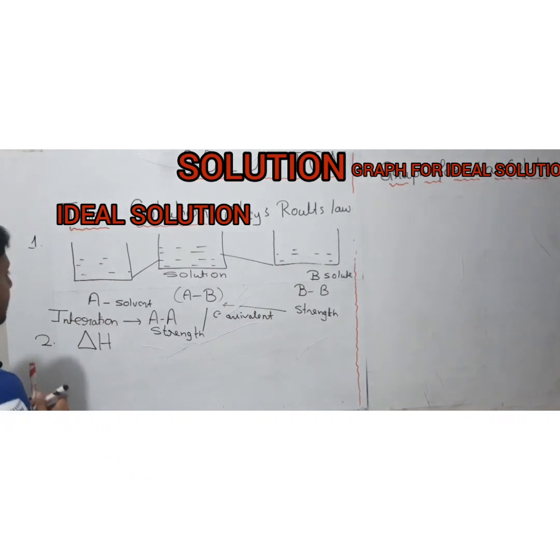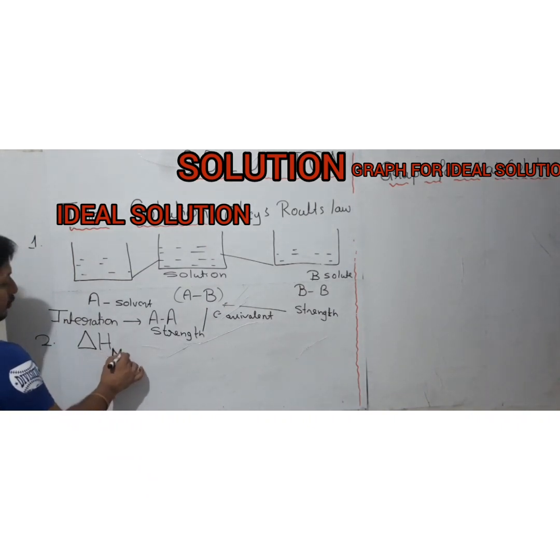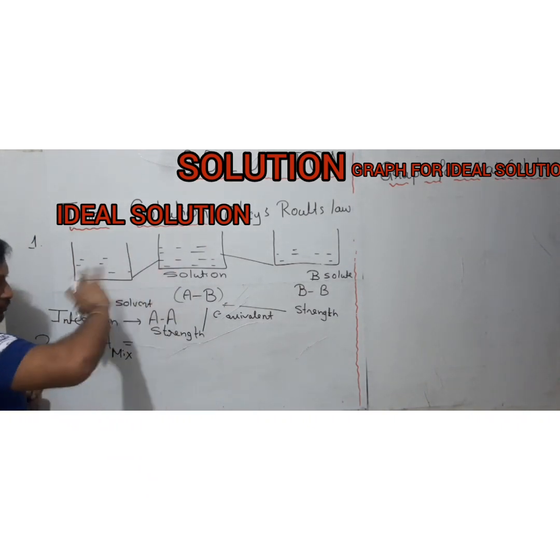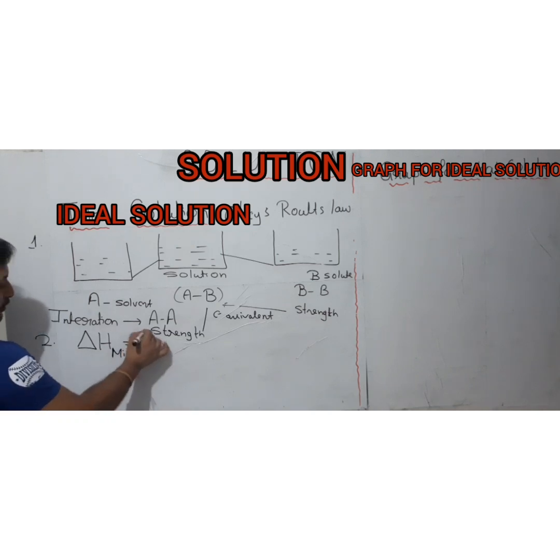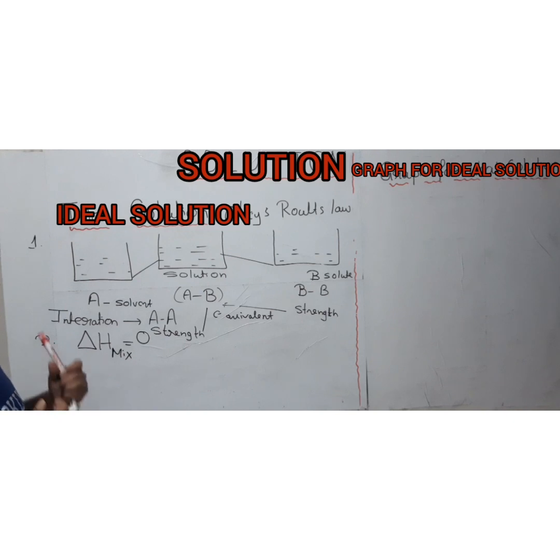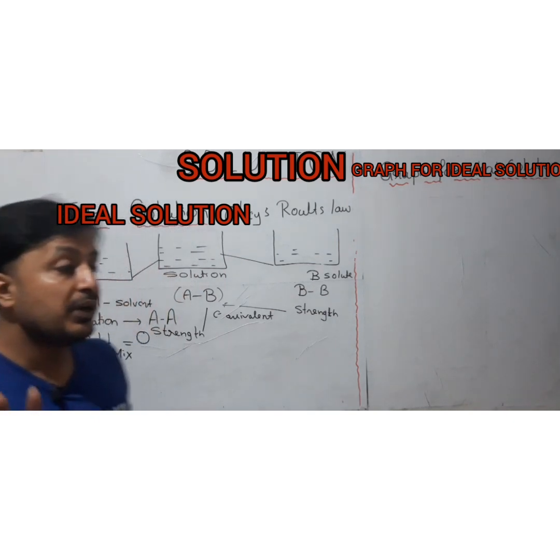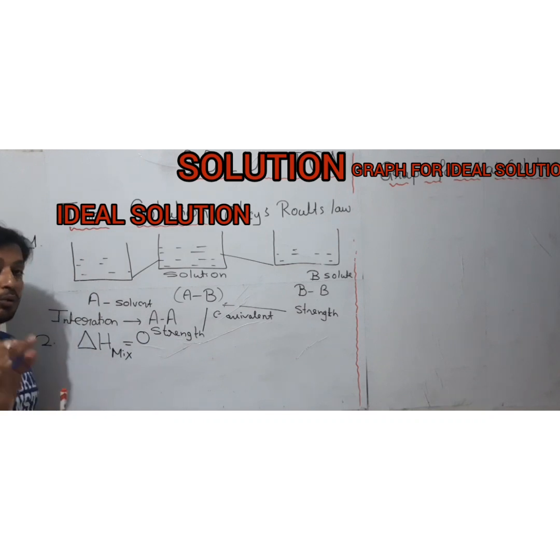But what is going to happen in case of the ideal solution? The enthalpy of mixing, that is for preparing the solution, always comes equal to 0. It means whatever energy is there before the process and after the preparation of the solution is the same. So there is no change in enthalpy in the case of an ideal solution. That is the second point.